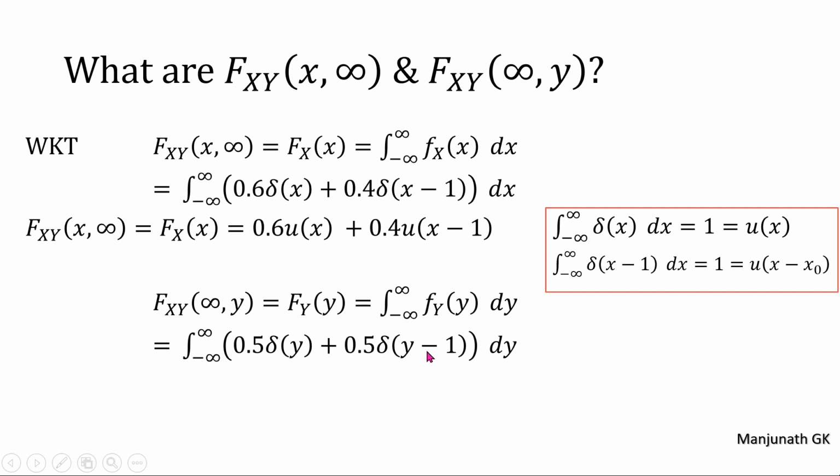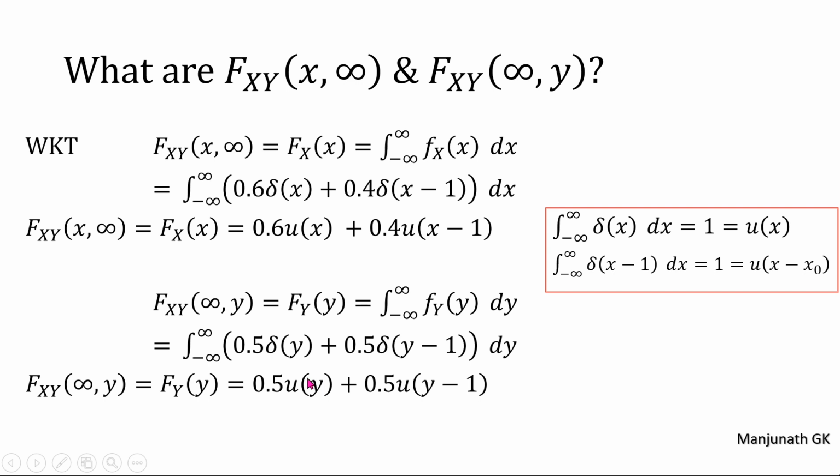The integration of delta of y dy is u of y. That is written here. From the second term, 0.5 is a constant, so take it outside. The integration of delta of y minus 1 dy is u of y minus 1. So both FX(x) and FY(y) are calculated here using these relations.